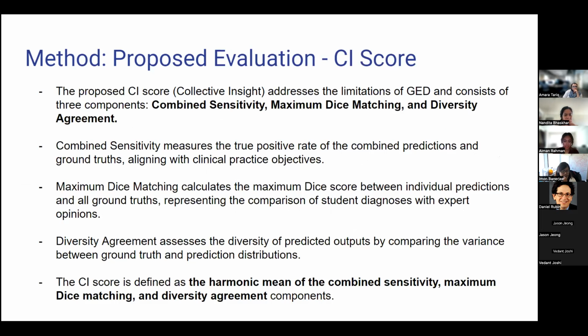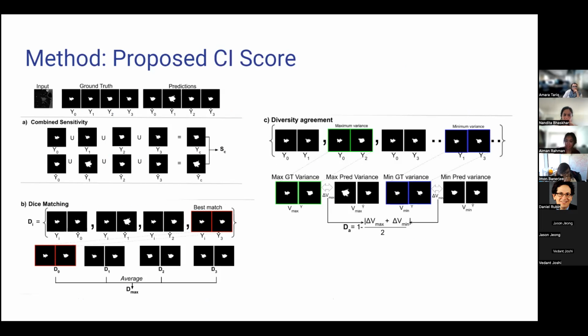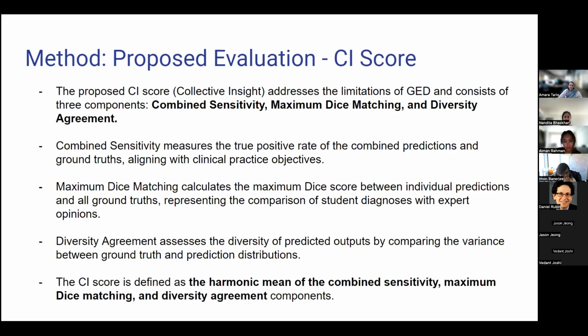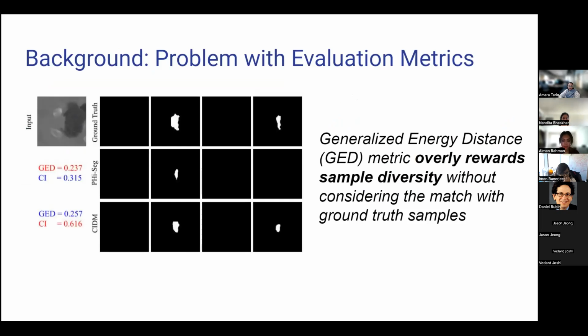And then finally, you have the diversity agreement. First you need to have some good diversity. Of course, it shouldn't be diversity for diversity's sake, but it should have the same characteristics as the ground truth. So I'll show you one example. In this case, two of them are completely blank, and two of them have some segmentation mask in them.